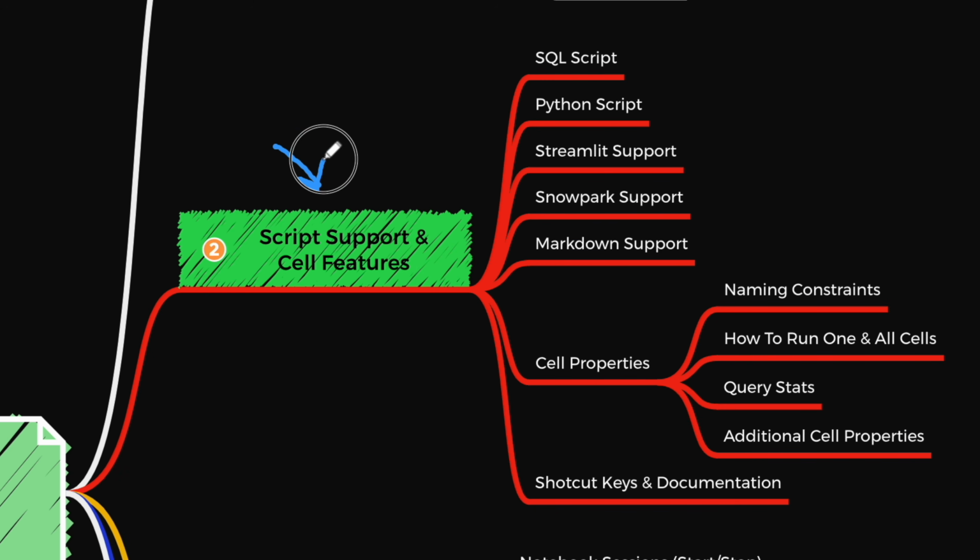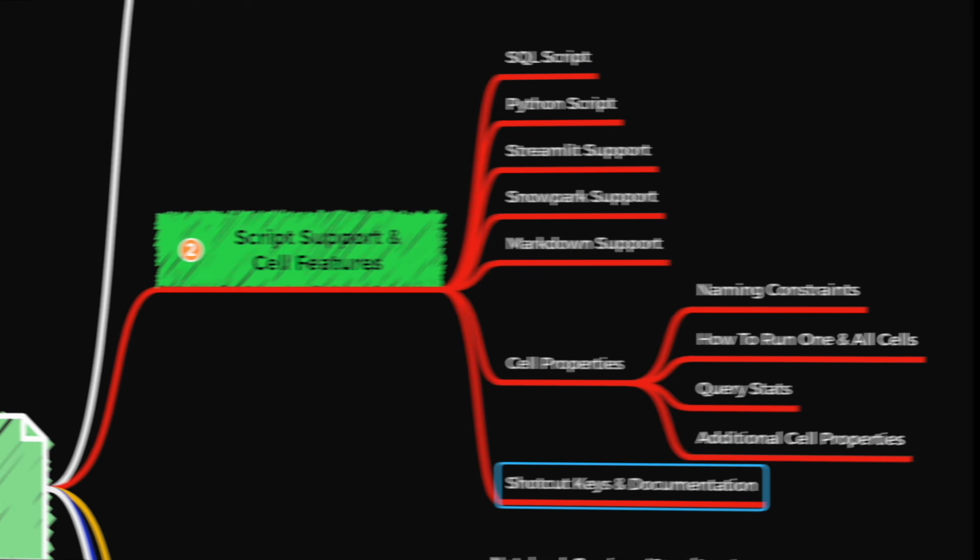Next, we will focus on scripts supported by Snowflake Notebooks, including SQL scripting, Python scripting, Streamlit framework, Snowpark framework, and Markdown support. We will also explore the various cell properties and shortcut keys that can enhance productivity and efficiency in your development activity.